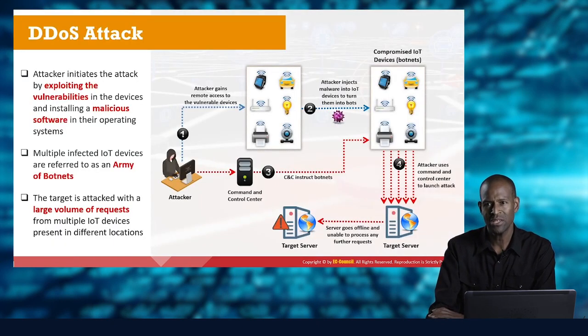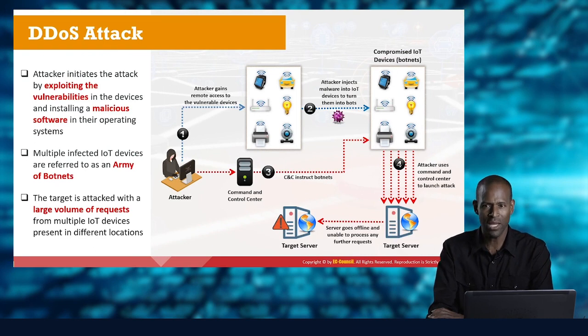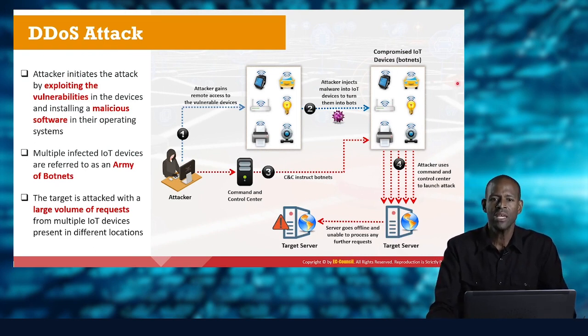One of the types of attacks you can do is a distributed denial of service attack. So what happens in this case is you make IoT devices that are compromised by the attacker into an army of botnets: light bulbs, temperature sensors, other mobile IoT devices.